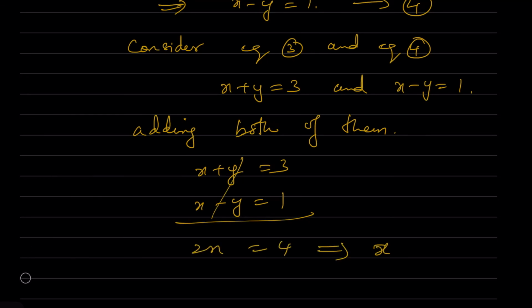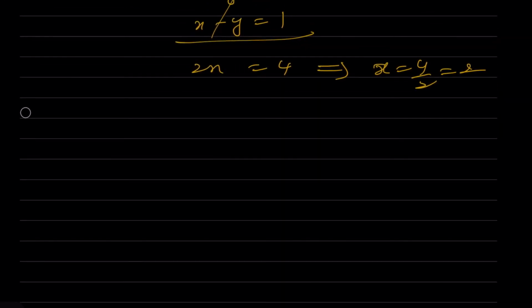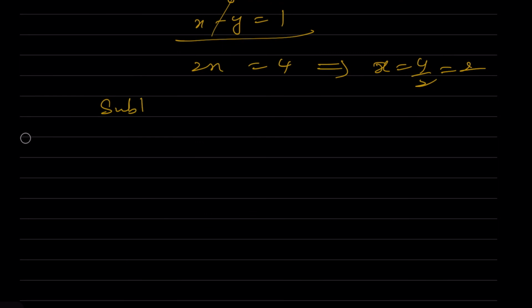So 2x is equal to 4 or x is equal to 2. Now substituting this value of x is equal to 2 in one of the equations, that is x plus y is equal to 3.